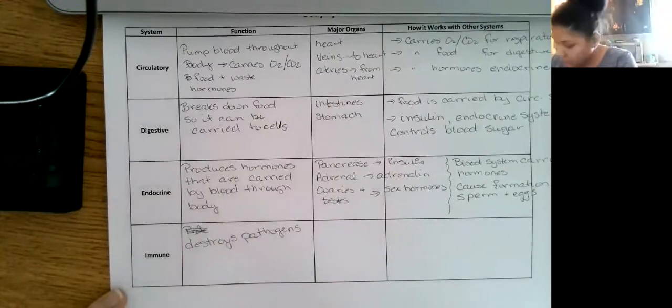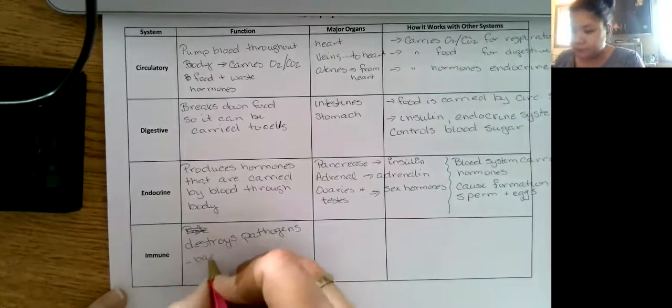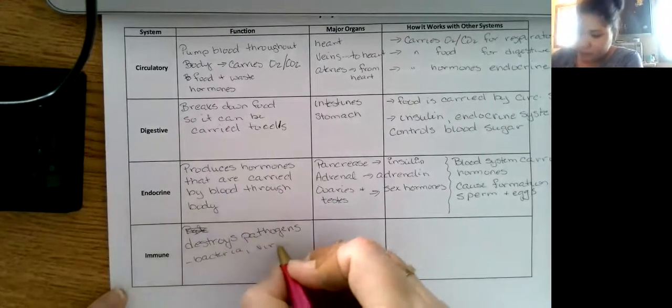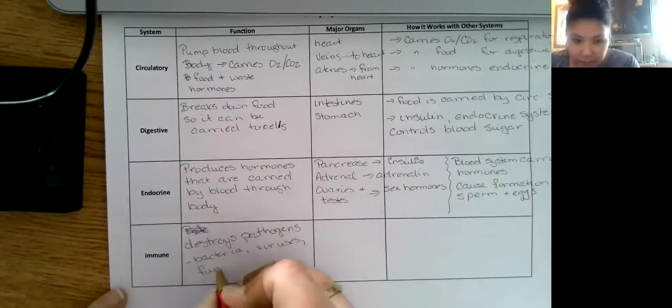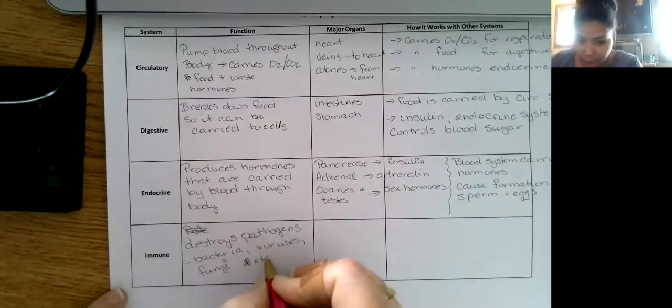And pathogen is a fancy word for disease-causing organisms. So like bacteria, viruses, fungi, etc.